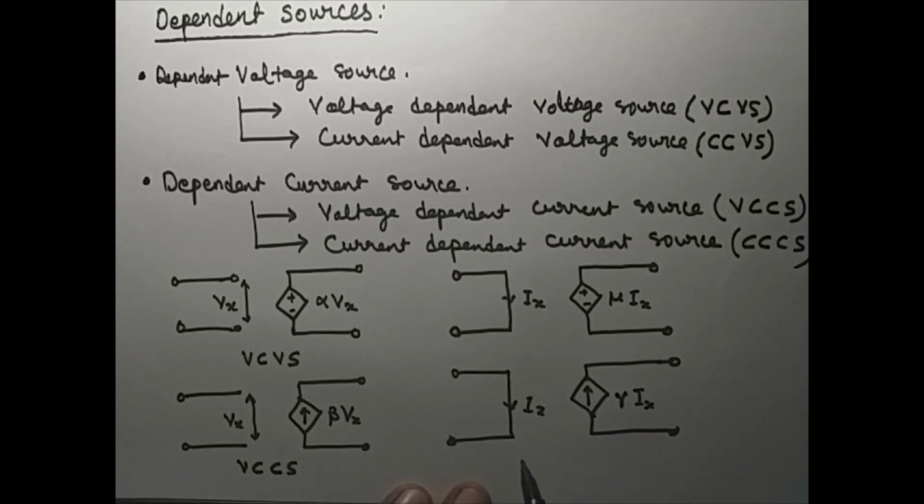So this is CCCS, means current controlled current source. So these are the types and equivalent circuits of different types of dependent sources.